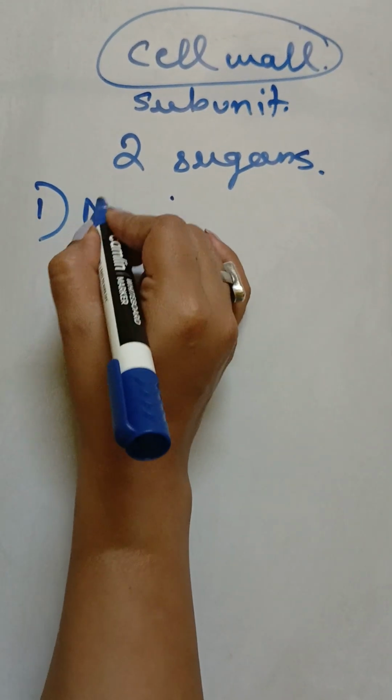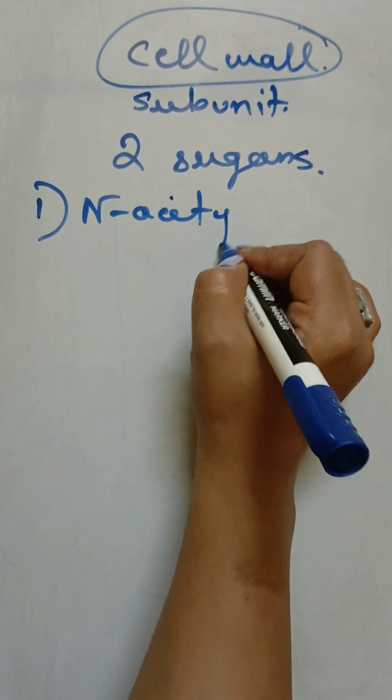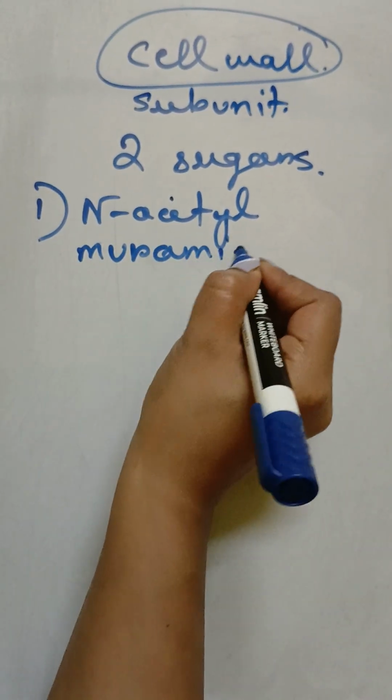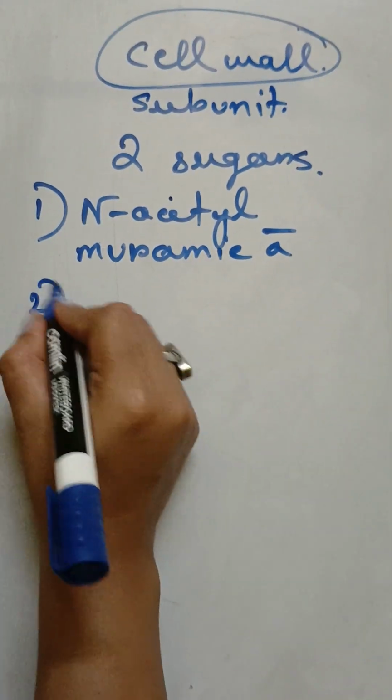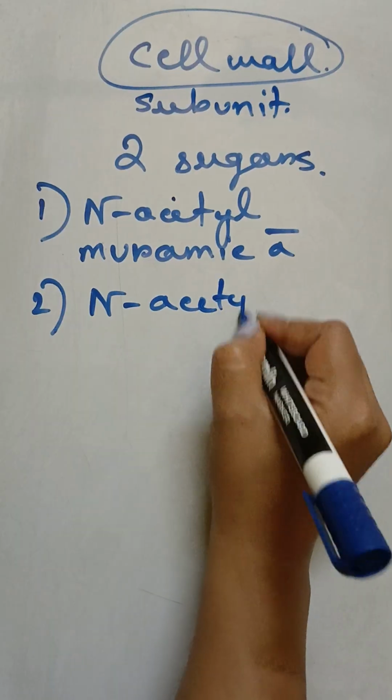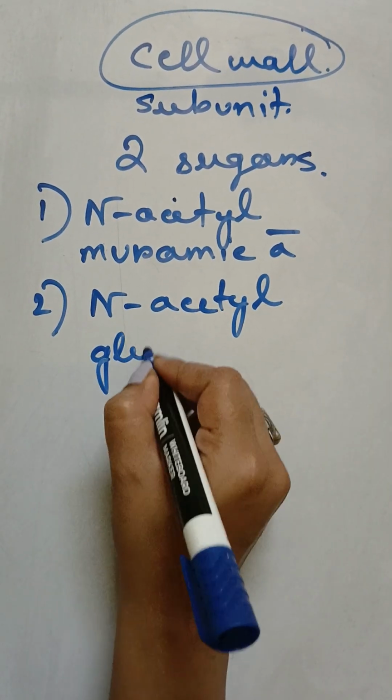One is N-acetyl muramic acid, and the another one is N-acetyl glucosamine.